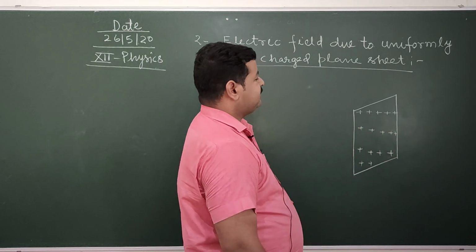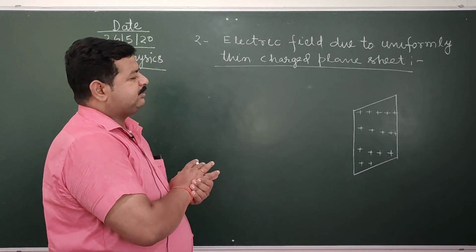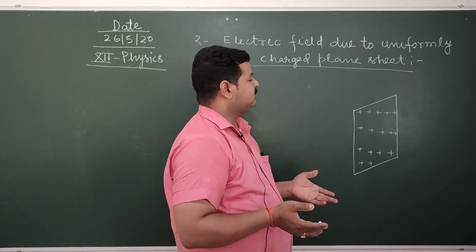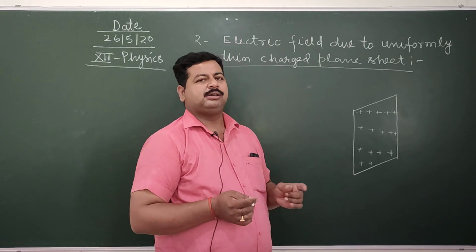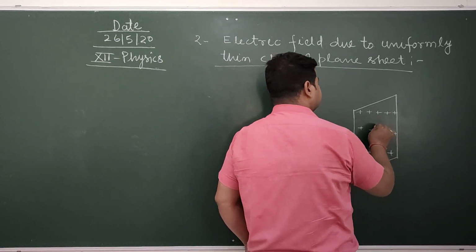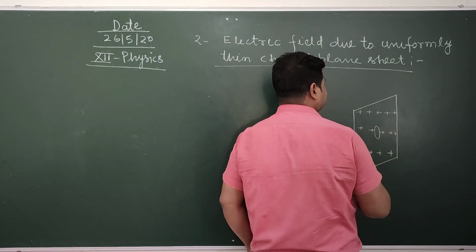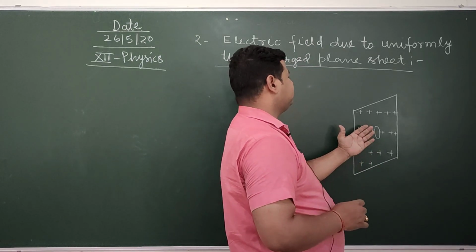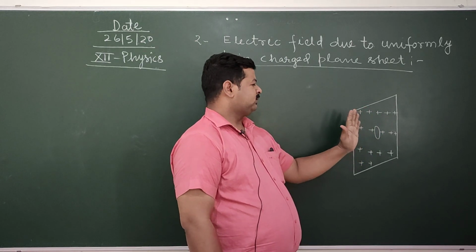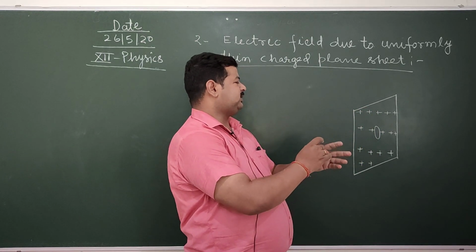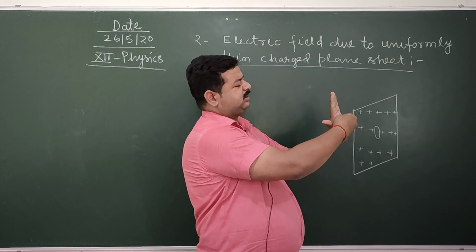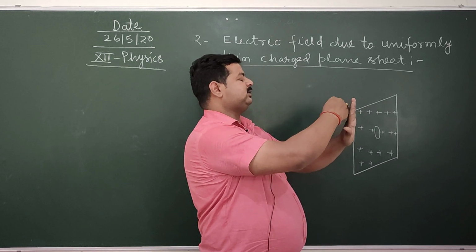If we enclose this charge by a closed surface like a cube or cuboid, we use the closed integration. Here we take a surface element on that charge plane sheet, which is a plane surface, and that surface is normally outward to the plane. Charge is distributed at that surface and behind it also.